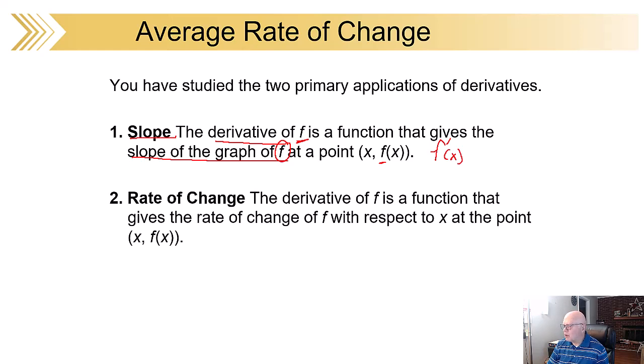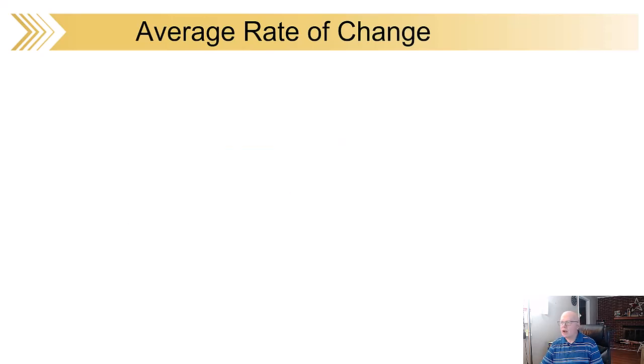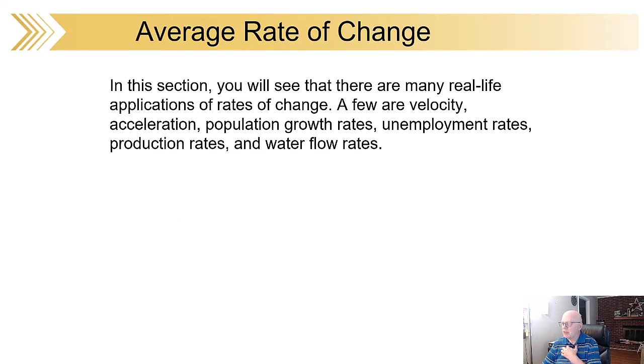Also, slope, rates of change. Somewhat the same thing, really. And it can be changes of all kinds. Quite often, it's with respect to t. X in general, t quite often. So average rate of change, how do we do this? Well, there are quite a few applications of this rate of change things.